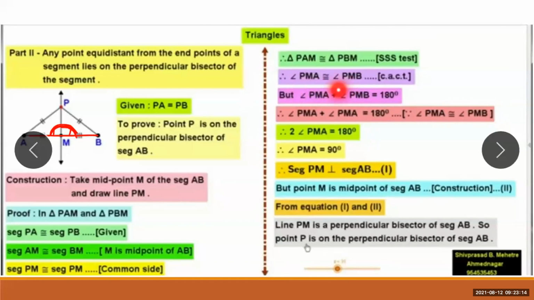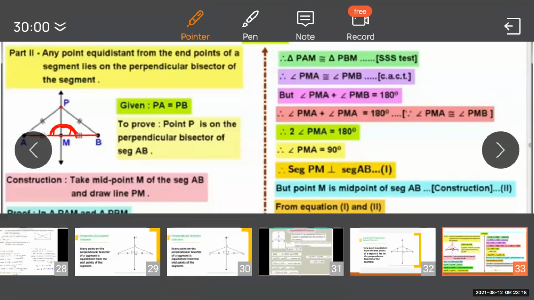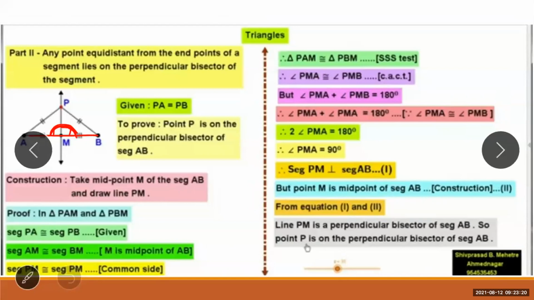Those are congruent to each other. So now angle PMA plus angle PMA equal to 180 degrees. Same step, only replacement of this angle, as the reason is both angles are congruent to each other.